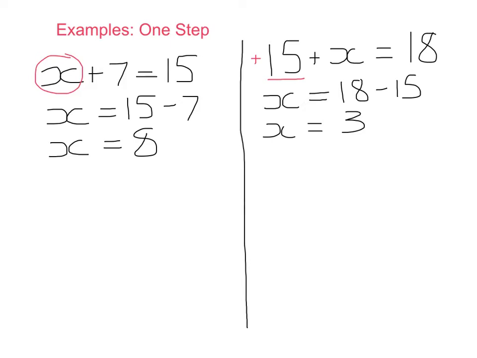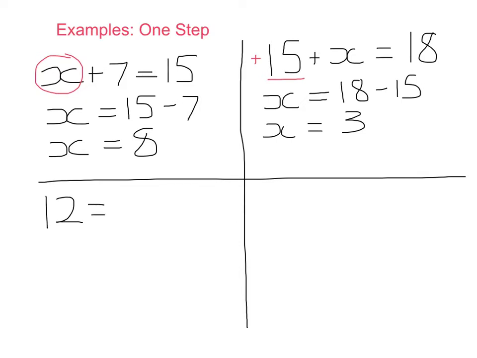Let's try a little bit more of a tricky one. I'm going to draw another line across here. Let's try this one: 12 equals 3y. Now remember what we were looking at last lesson. If you have a statement like 3y, that means 3 multiplied by y. We don't use the multiplication symbol though, we just say 3y.